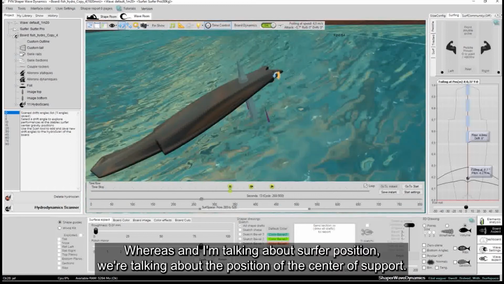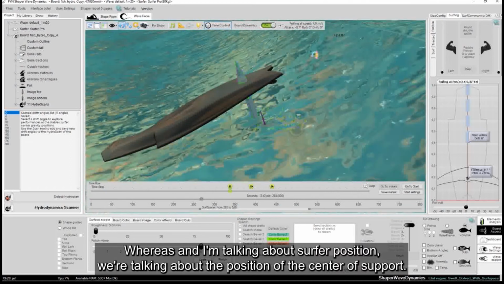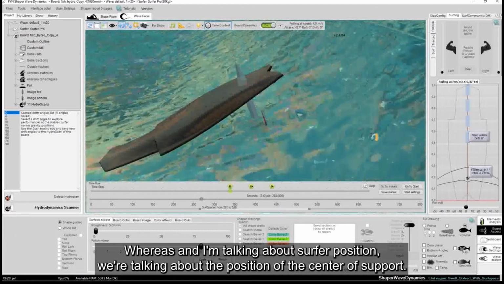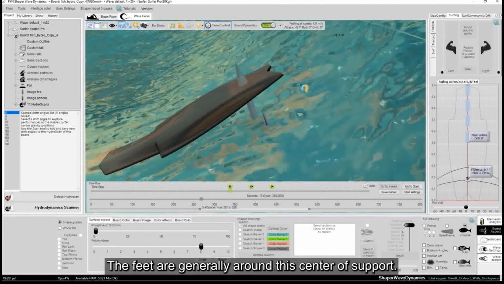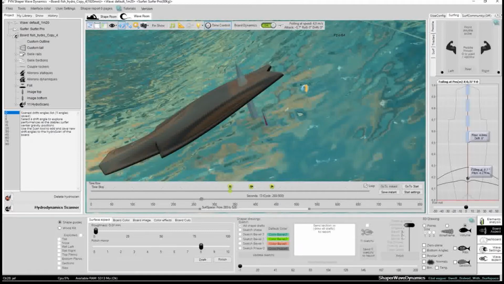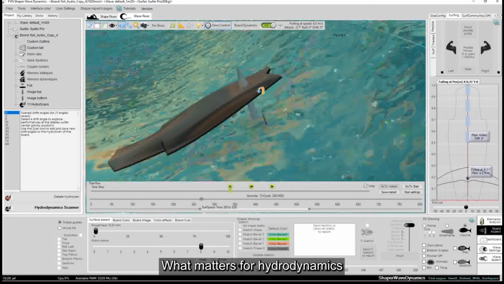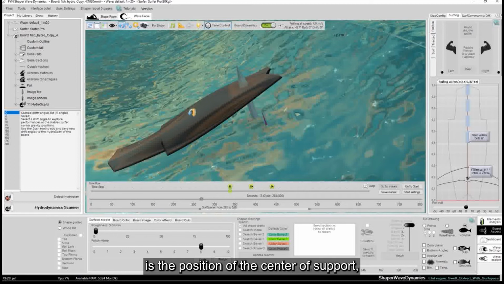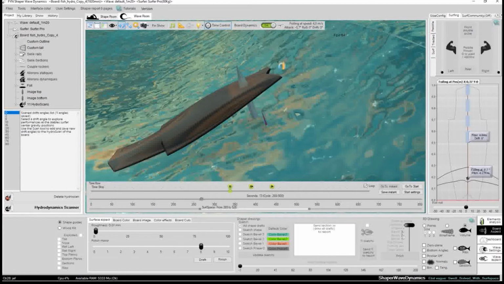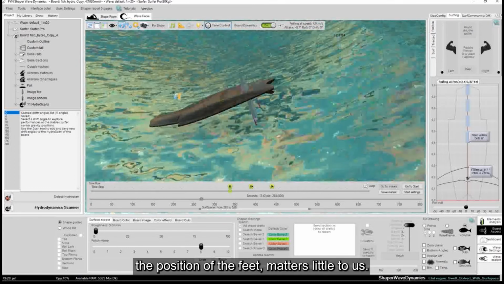Whereas, and I'm talking about surfer position, we're talking about the position of the center of support. The feet are generally around this center of support. It all depends on the position in which the surfer is standing. What matters for hydrodynamics is the position of the center of support. The position of the feet matters little to us.